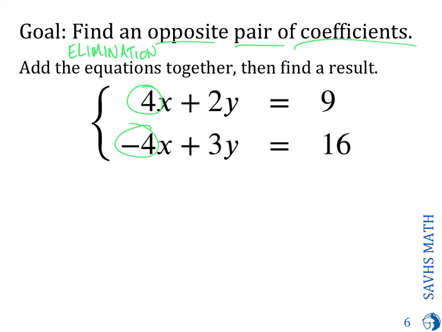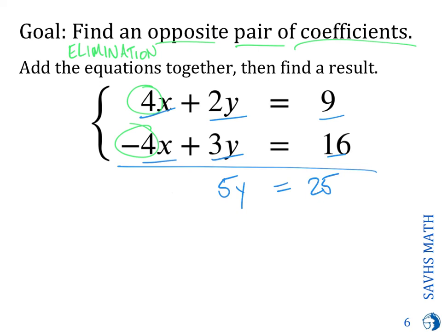If you add these two equations together piece by piece, you'll notice 4x plus negative 4x is 0 x's. I don't even have to write 0 x's, I could just write nothing. Okay, then I get 2y plus 3y, and so I get 5y's equals 9 plus 16 is 25. If you divide both sides by 5, then you get y is 5.